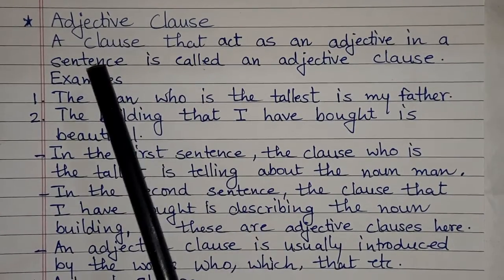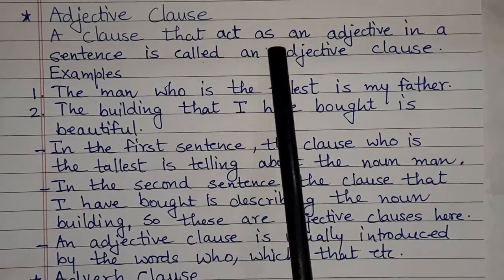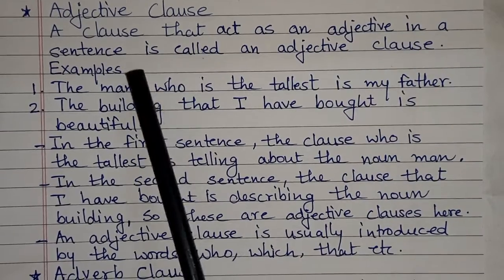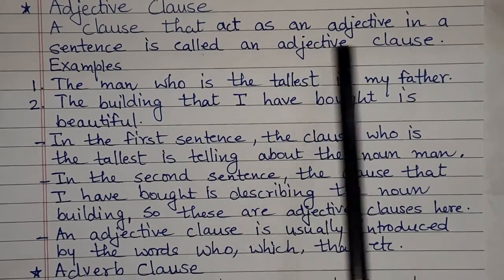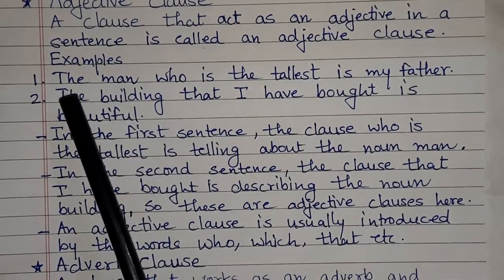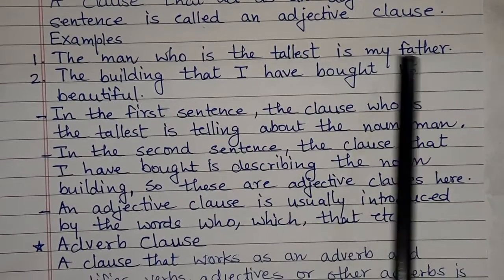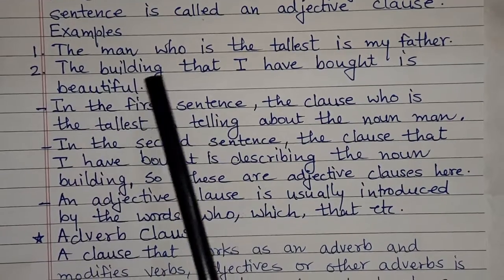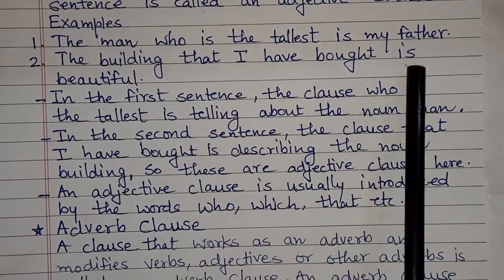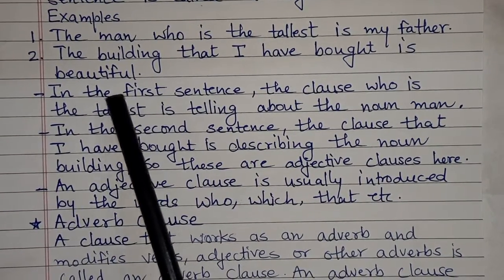Adjective clause. A clause that acts as an adjective in a sentence is called an adjective clause. For example, the man who is the tallest is my father. Number 2, the building that I have bought is beautiful.